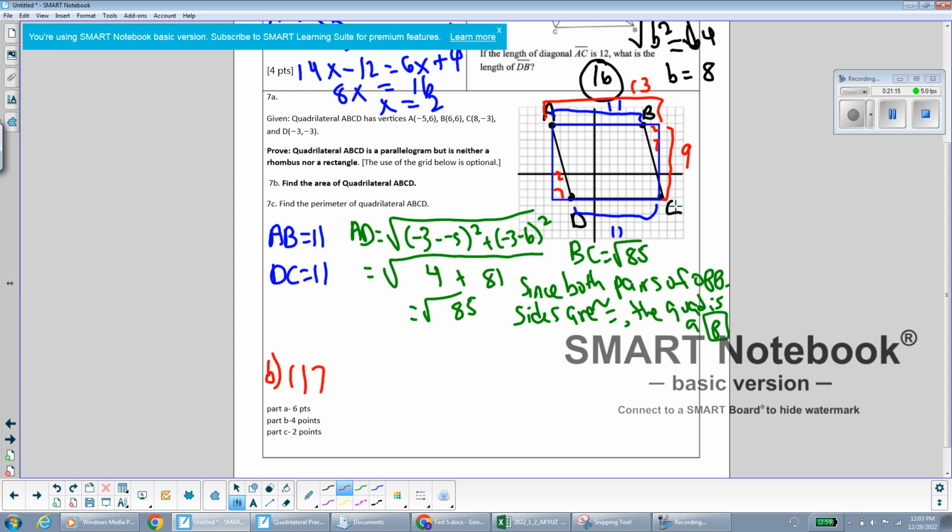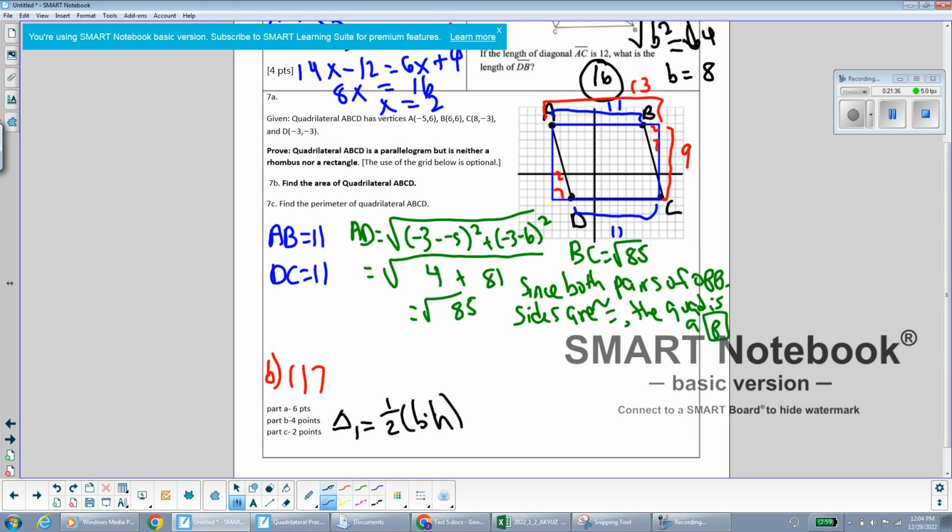Now I'm going to find the area of triangle 1 and the area of triangle 2. So let me do this off to the side over here. So triangle 1 is 1/2 base times height. With triangles, it's really easy to find the base and the height because they're the two legs of the right triangle.